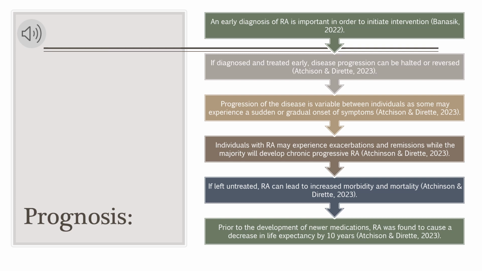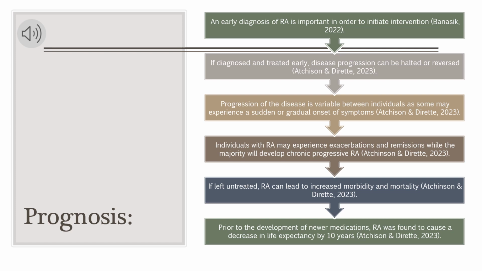The prognosis for rheumatoid arthritis. An early diagnosis of RA is important to initiate intervention because if it's diagnosed and treated early, progression can be halted and reversed. Progression of the disease varies between individuals. Some may have a sudden or gradual onset of symptoms.